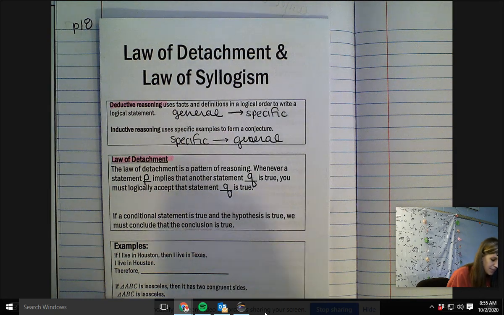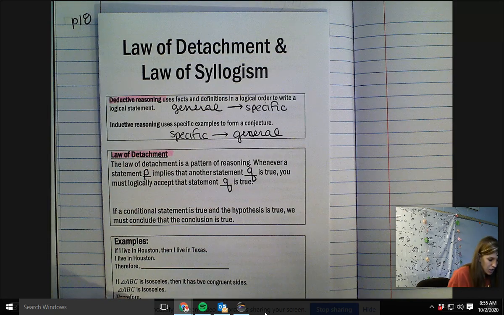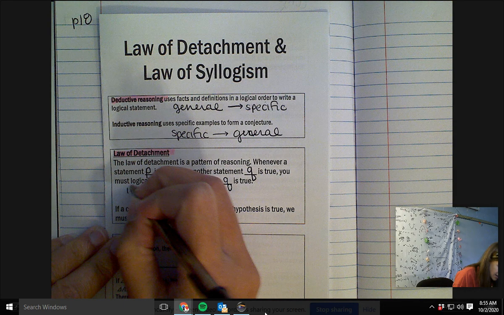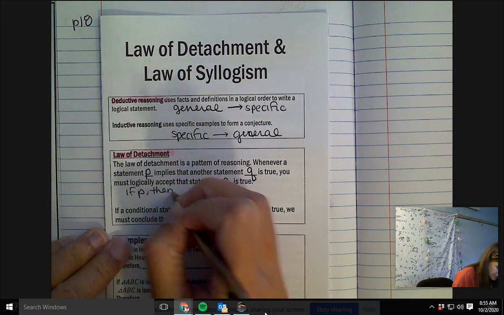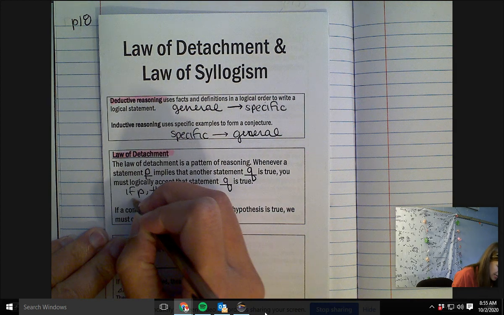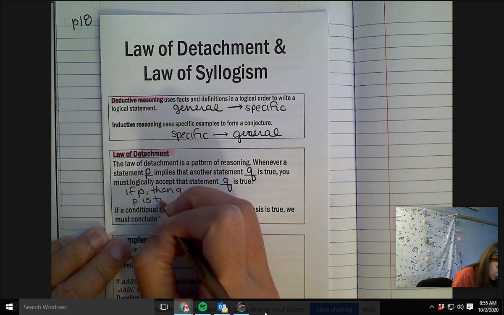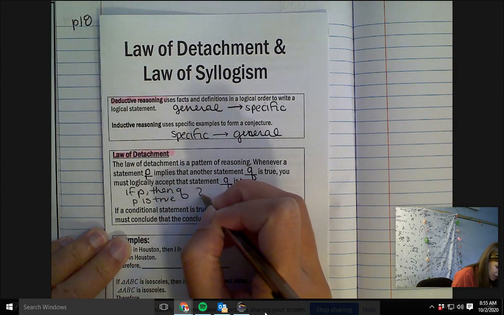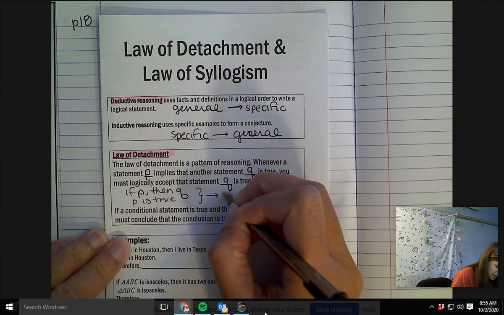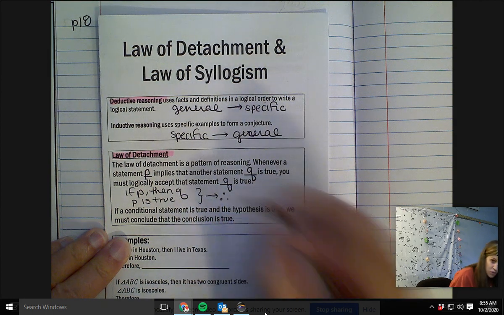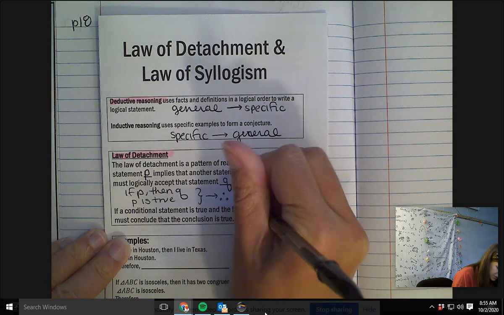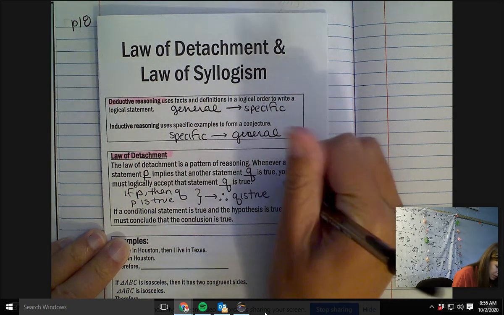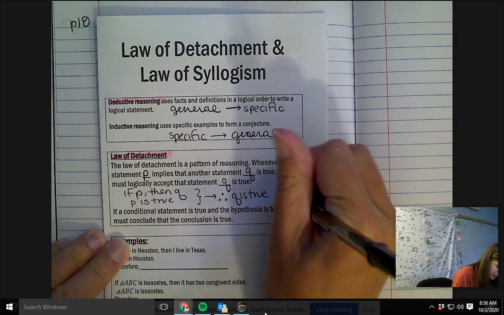Okay, so the way that we write this out with P's and Q's is: if P, then Q. And then if I know that P is true, I must then conclude, those three little dots mean therefore, that Q is true. So that means therefore.